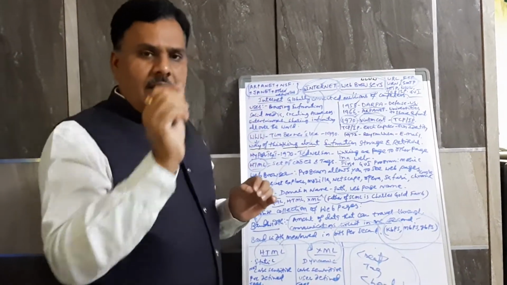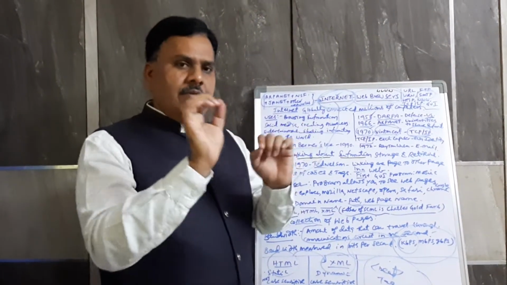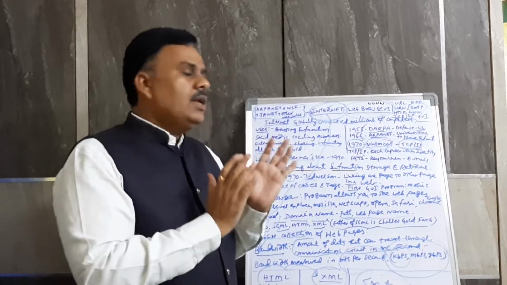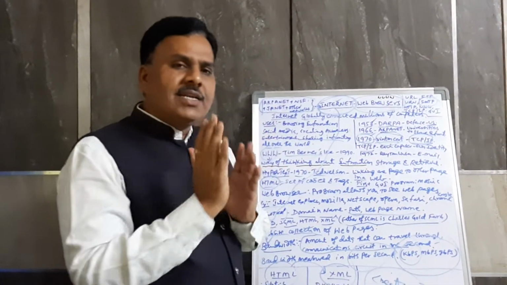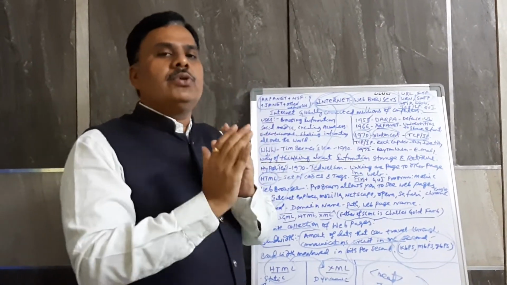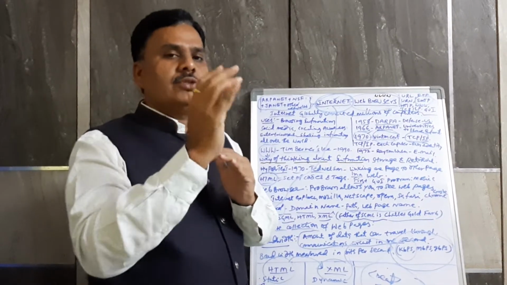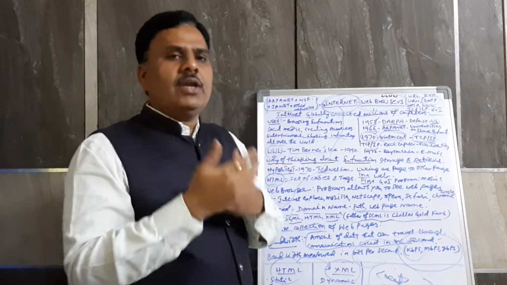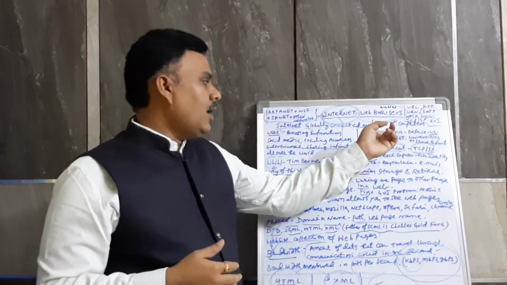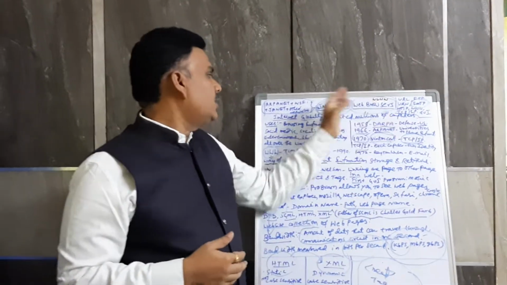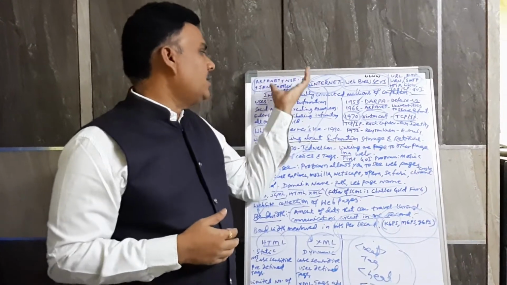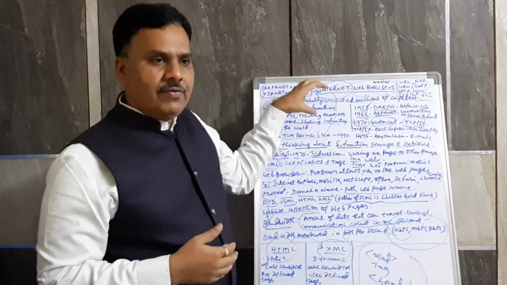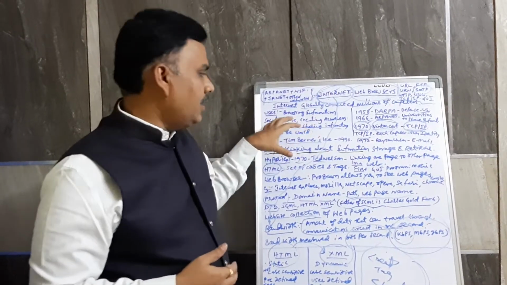In a nutshell, I'll summarize what we discussed so far. Internet is connecting millions of computers globally, one computer to another. For the historical development of the internet: ARPANET, JANET, NSF, all become the internet. The World Wide Web founder is Tim Berners-Lee in 1990.